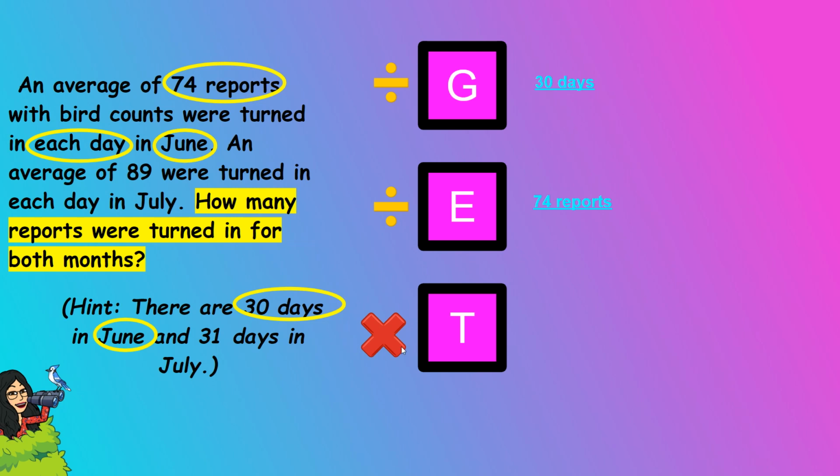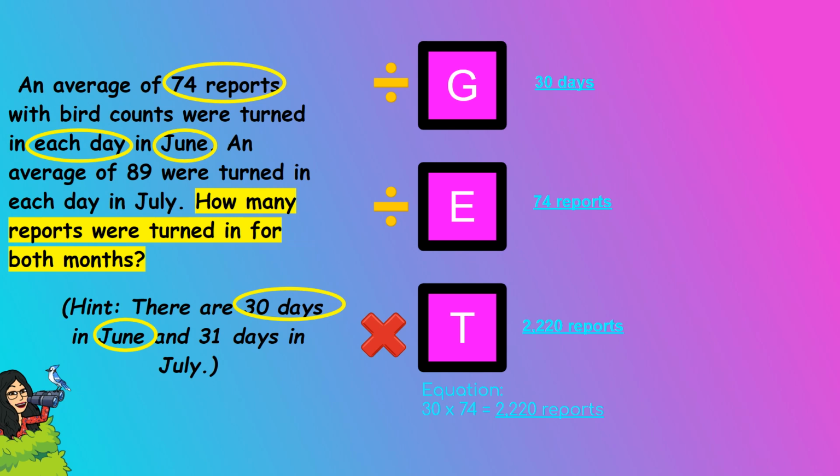How do I find the total? It tells me right here to multiply. I would multiply the two numbers, 30 times 74, and it would give me the product of 2,220. So I know in June there were 2,220 reports.